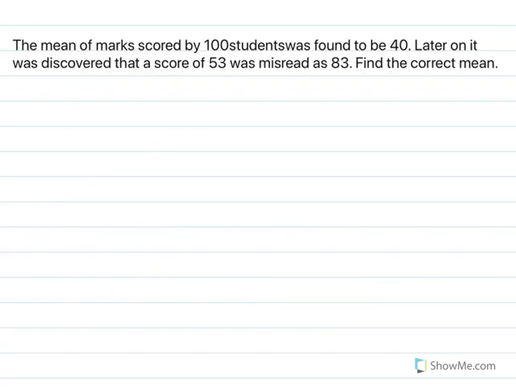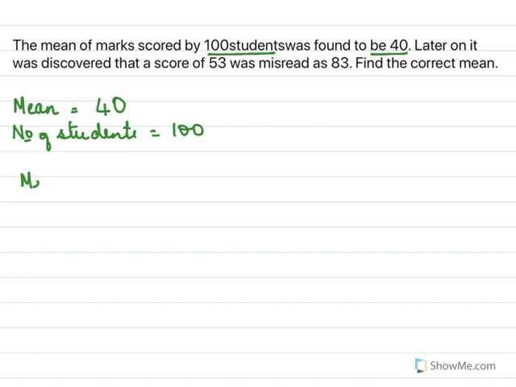The mean marks scored by 100 students was found to be 40. So here the mean is equal to 40. The number of students is 100. So we know mean is equal to sum over number of students.